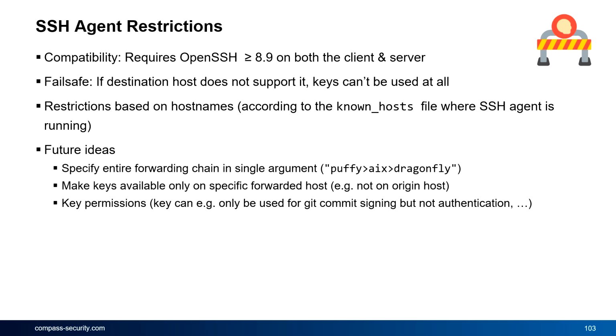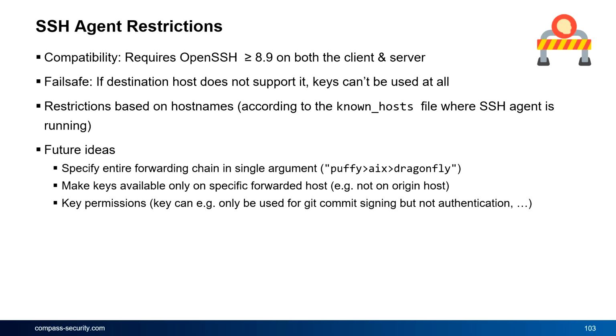Then the OpenSSH team wants to further improve this feature by allowing you, for example, to specify an entire forwarding chain in one single argument. You can, for example, specify to use a key on the host Puffy, which can be forwarded to the host AIX, which can again be forwarded to the host Dragonfly, and then you don't have to specify this in multiple arguments.